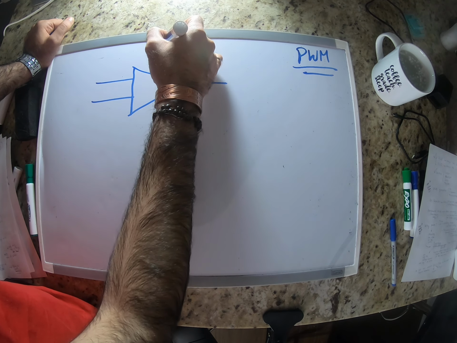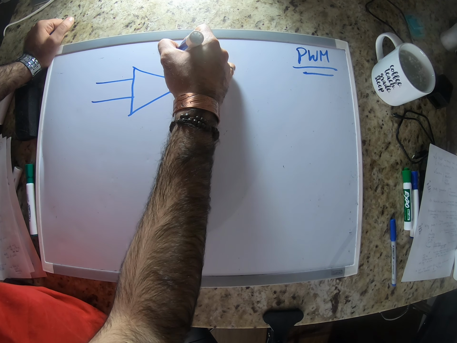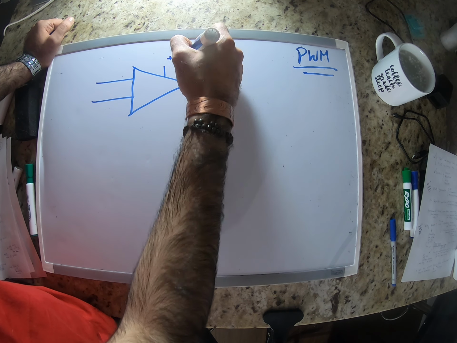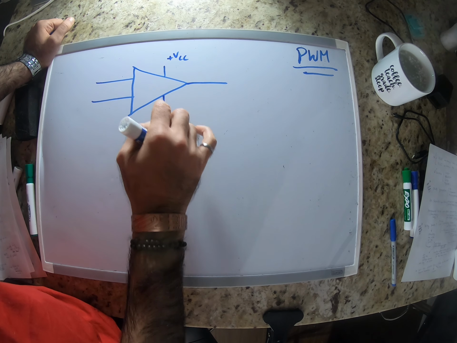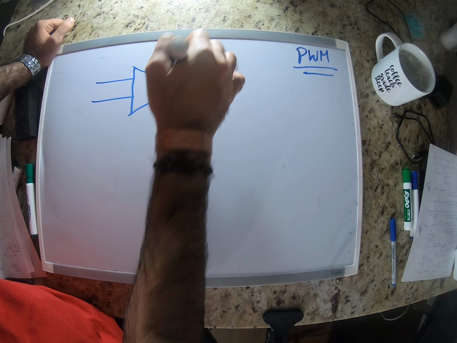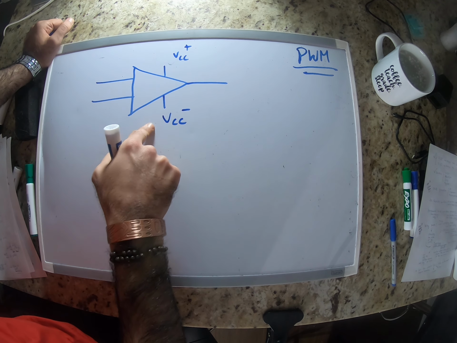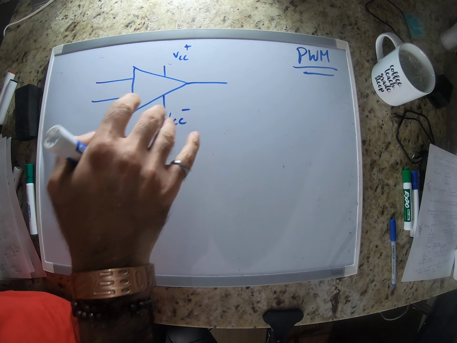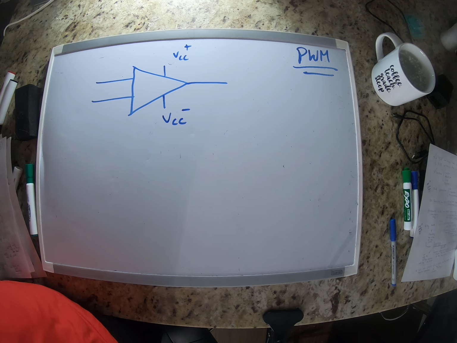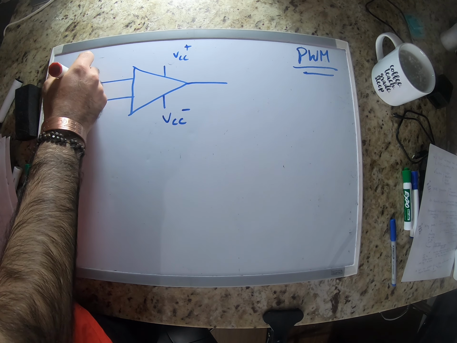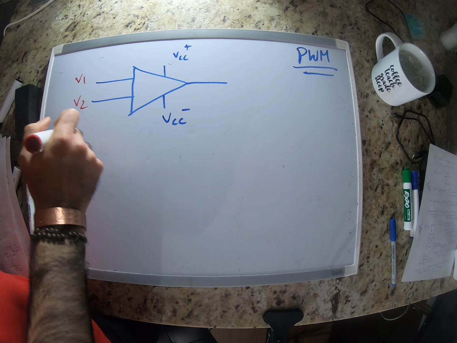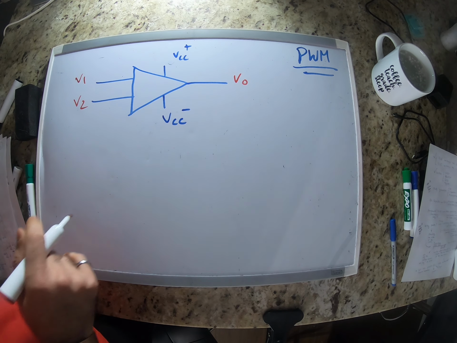So if you remember, if you have an op amp with positive power supply and negative power supply, let me call it VCC plus and VCC negative. If we use the op amp in open loop, it has two input signals, and it takes an output signal.